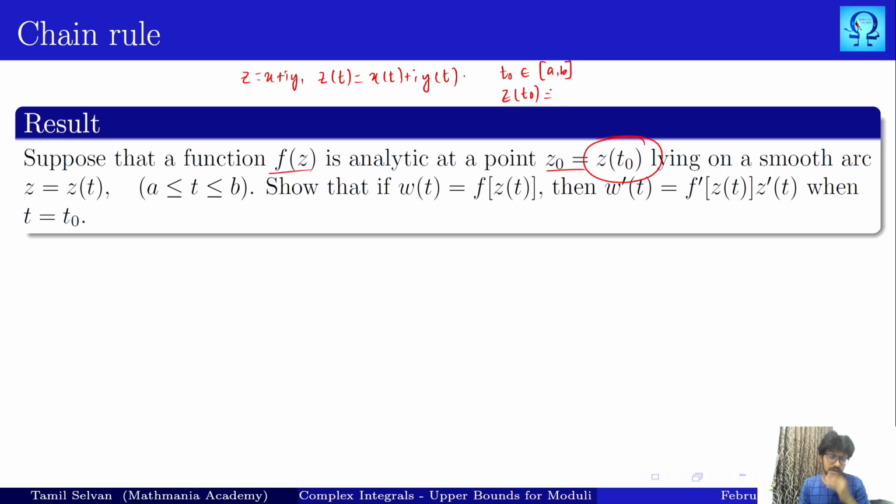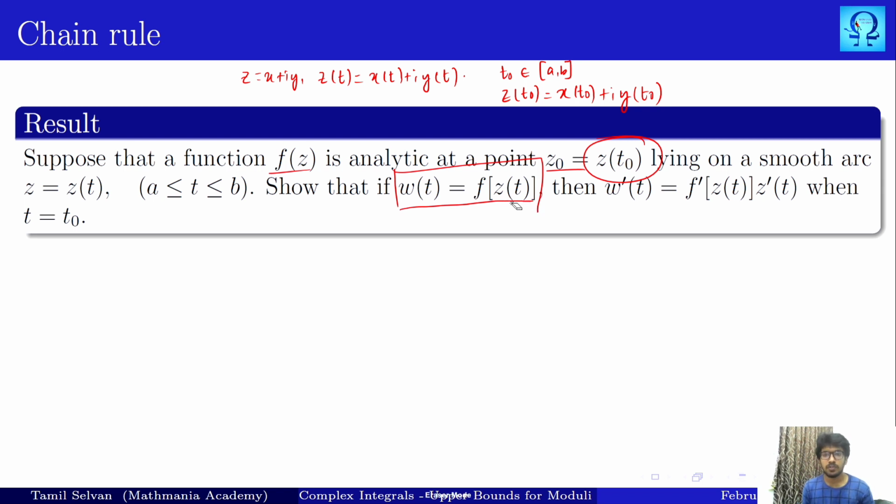Okay, we are not actually evaluating the function, we are evaluating the complex variable z. So this becomes x of t naught plus iota times y of t naught.